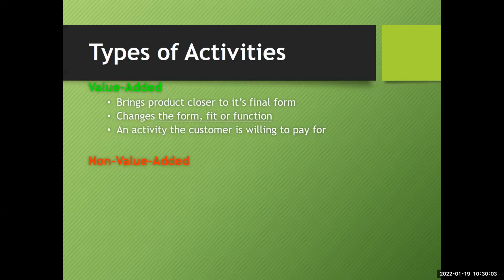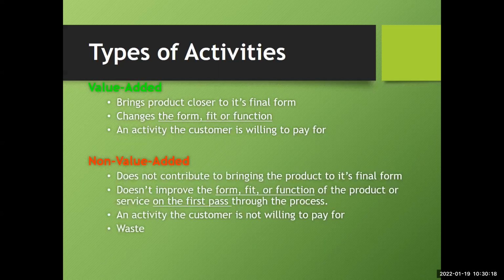Non-value added activities do not contribute to bringing the product to its final form. Looking at the conversion of raw material into the final product, they don't improve the form, fit or function of the product or service on the first pass through the process, and it is an activity the customer is not willing to pay for. From the lean perspective, the advice is to remove or reduce these non-value added activities, though identifying them in your plant or manufacturing unit is very difficult.